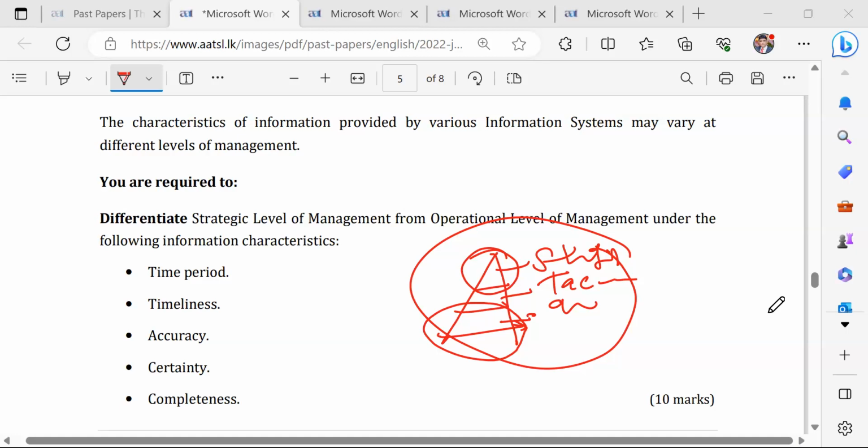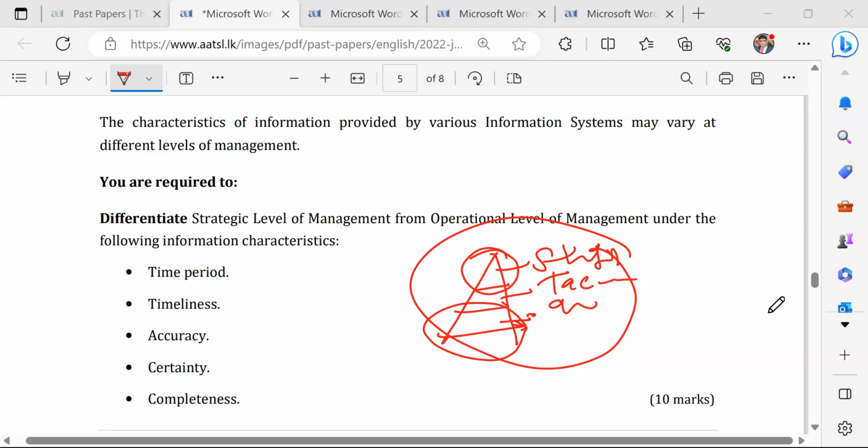How much of this particular good A, good B, good C, like that, that detailed information is required by operations. Completeness is also the same. Then accuracy: accurate information is required for the operational level. But at the strategic level, 100% accuracy is not expected, right?